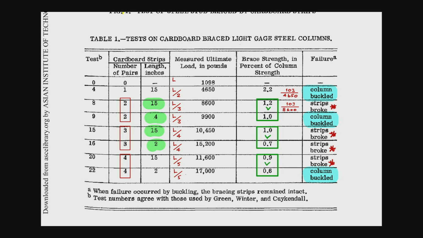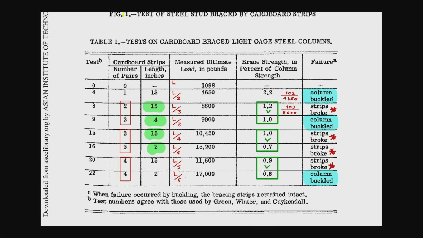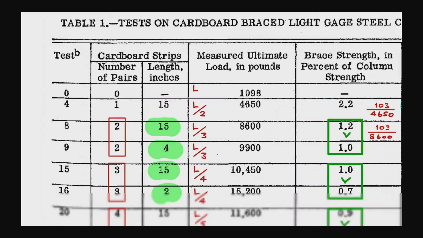Now we move to the next experiment. The next experiment improves the column by installing one brace. With one brace, the column, which used to have an unbraced length equal to L, now has the unbraced length reduced to L over 2.